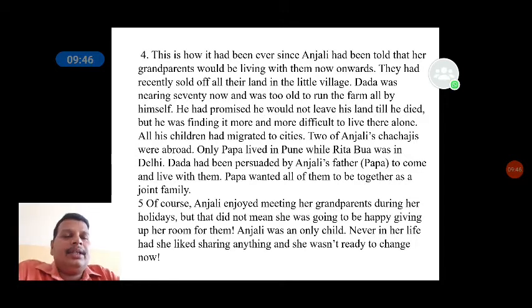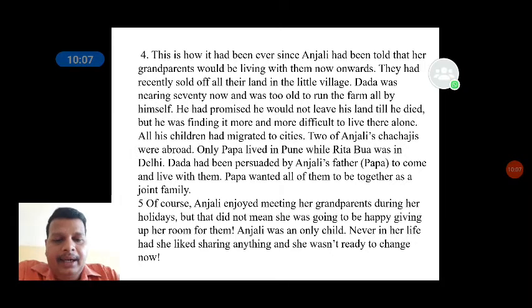All his children had migrated to cities. Two of Anjali's chachajis, Anjali's father's brothers, means uncles.